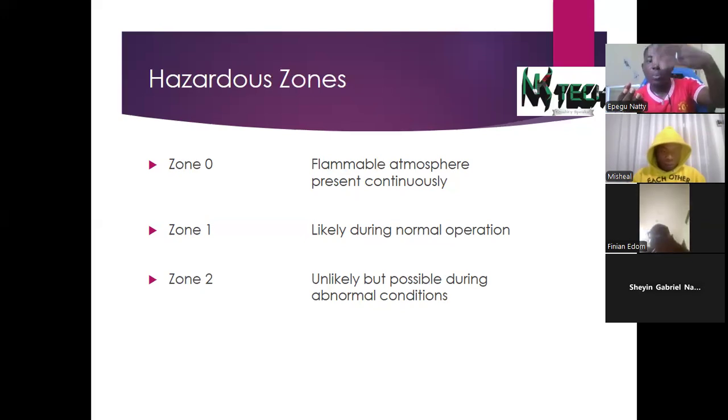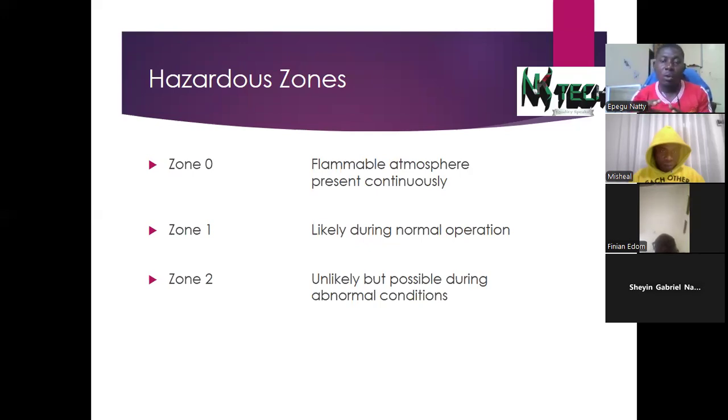If your PSV is directed towards your flare or your flare header, then you know that your zone 2 is going to be at your flare stack, your knockout drum, your scrubber. That's going to be your zone 2 because it's only when there is an abnormal condition that there is going to be a release. But some refineries, even their PSV, they vent it to the atmosphere just to depressurize the system. So this is your zone 2.